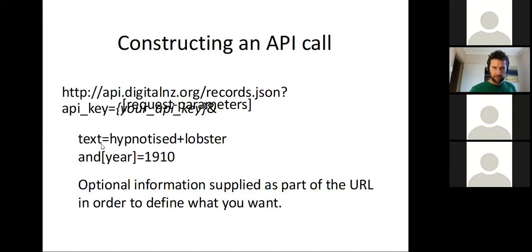You could add text equals hypnotized lobster, just for a general search, in the same way that on a website you enter some words into a search box. And if you want to be more specific, and we'll go into this in the next slide, you can define, I want the year to be 1910, so you're asking for records that are to do with hypnotized lobster and year 1910.